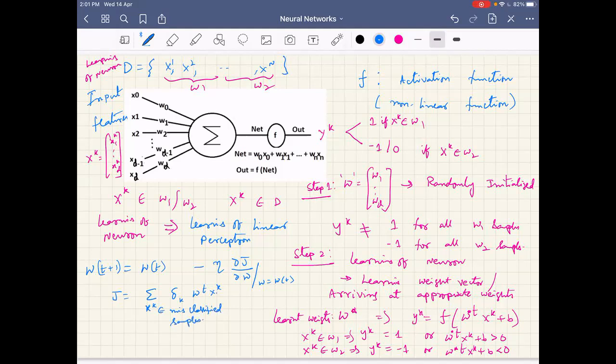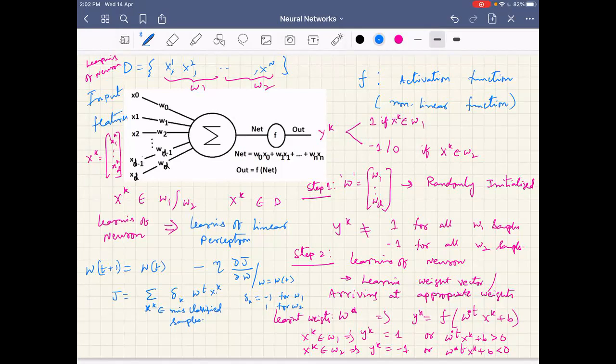Gather all the misclassified samples, either from class 1 or class 2, and then we measure their distance with respect to the separating line, that is W transpose Xk, and multiply by a constant delta K, such that delta K is equal to -1 for samples from omega 1 class and equal to +1 for omega 2 class. This is just a constant to take care of the error irrespective of signs, the modulus of error, or the quantification of error without sign.